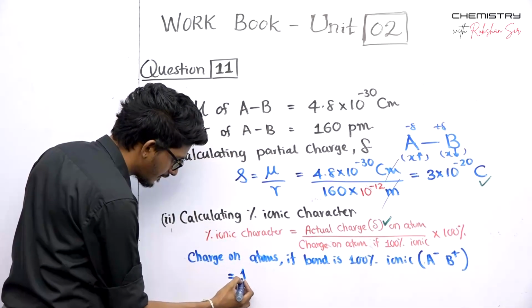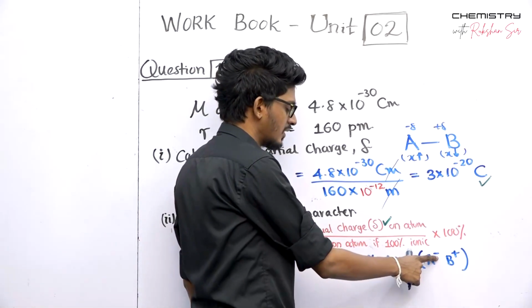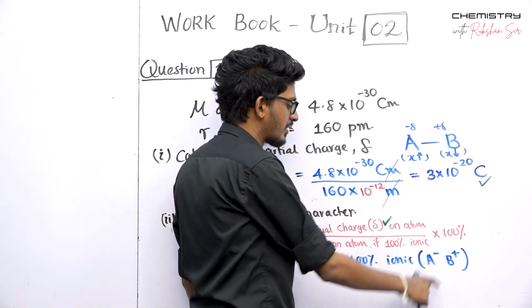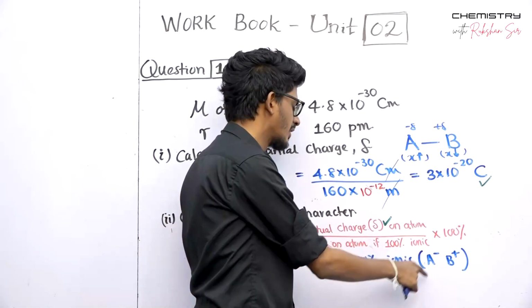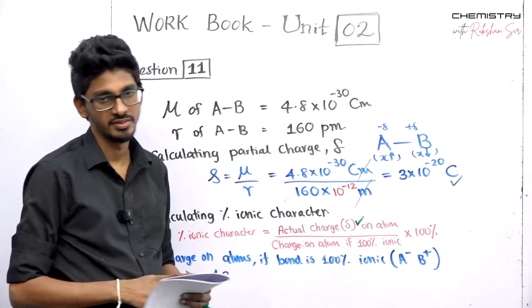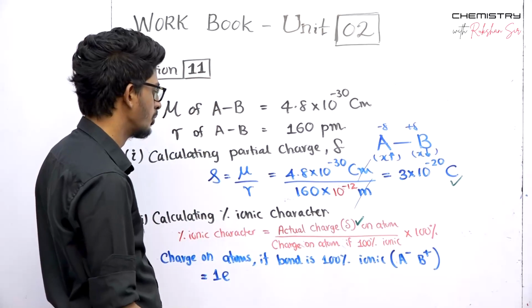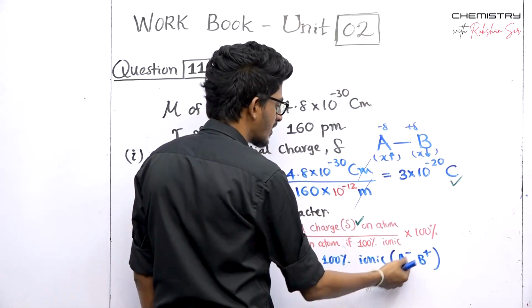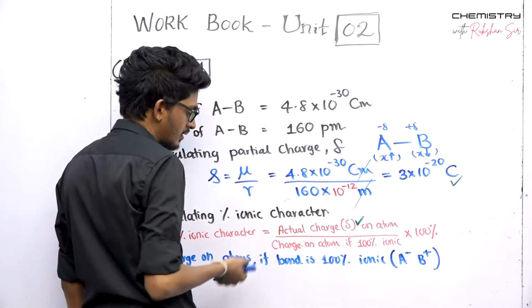So it is equal to 1 E. The actual charge is not the -1 or +1, no? The Coulombic charge, what we need, no? This is the relative charge, right? -1 and +1 are kind of relative charges. So the actual Coulombic charge we need. So Coulombic charge is 1 unit of simplest charge unit.